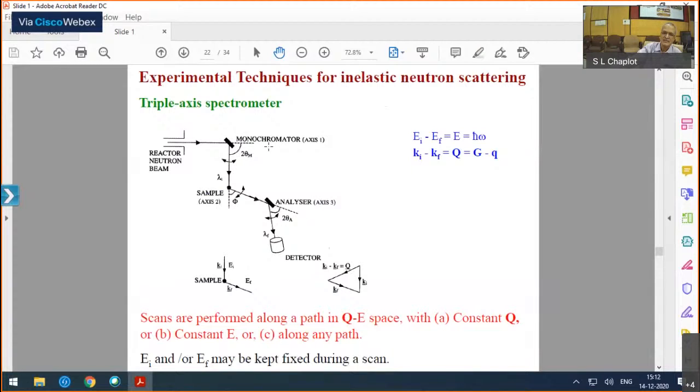Typically the mosaic planes or the Bragg planes in the monochromator, in different mosaics, there is a spread of about half a degree or 1 degree. And typically these angles being what they are, we have a few percent of the energy as the resolution, and similarly there is also a few percent of resolution in the wave vector space.